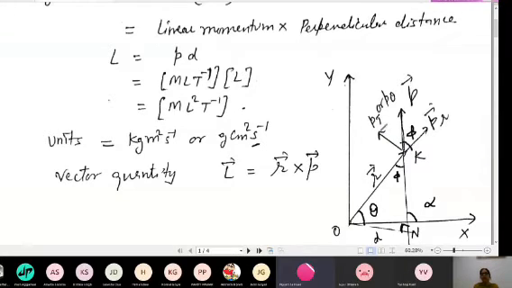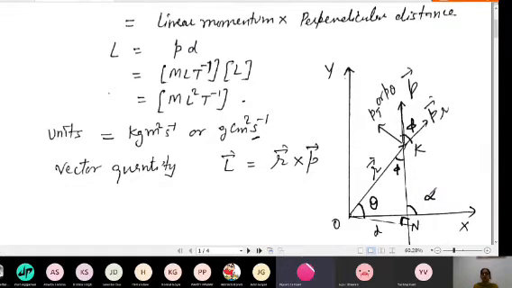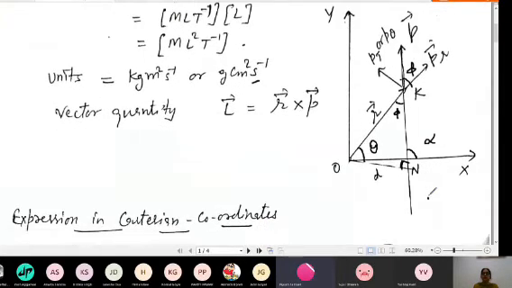You can be asked to prove that it is only the transverse component of the linear momentum which produces the angular momentum, and the radial component has nothing to do with it. These are all questions which can be framed to prove, so we are going into detail of all these derivations. Previous knowledge of this is important.